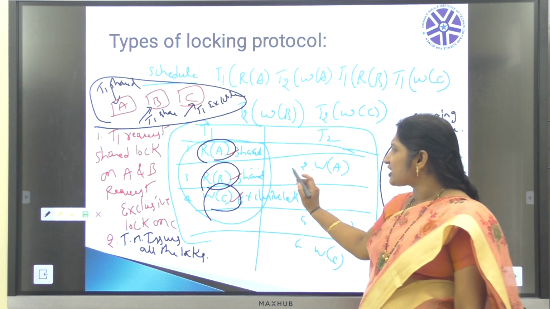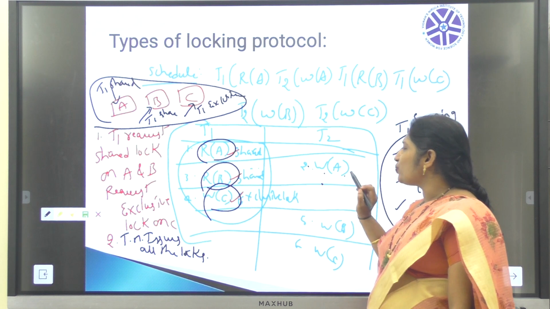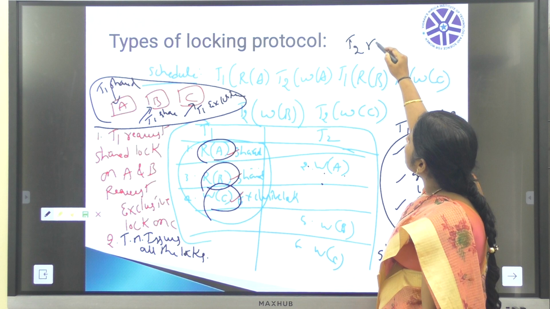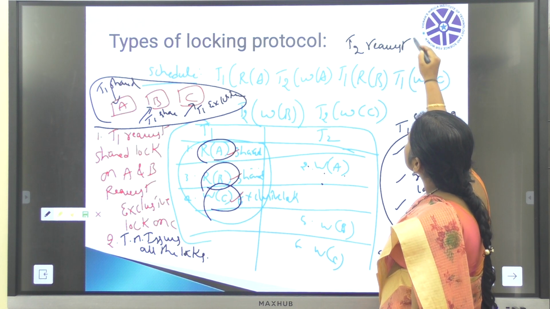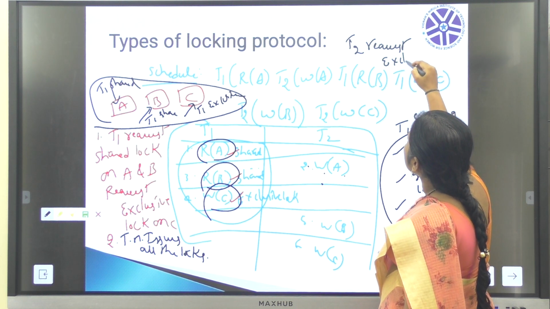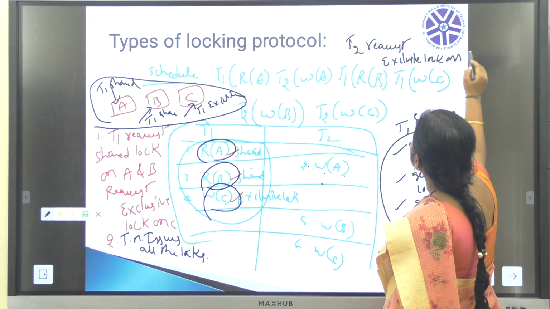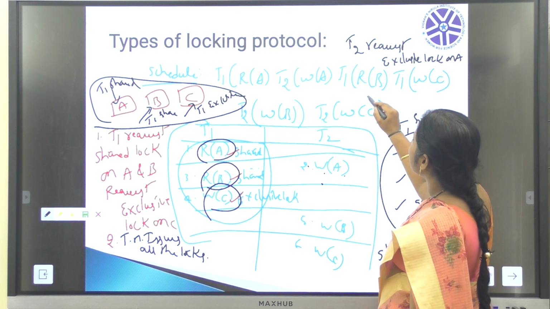Meanwhile, as a second step, whenever T2 wishes to perform W of A, it should get what type of lock? T2 requests exclusive lock on A, and what type of lock is required?